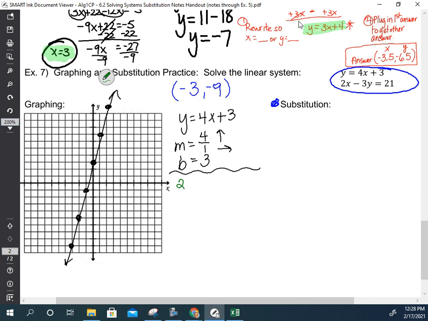So, for 2x minus 3y equals 21, that has to be rewritten. So you need to move the 2x. So that's subtracting 2x on both sides. And then dividing by -3.